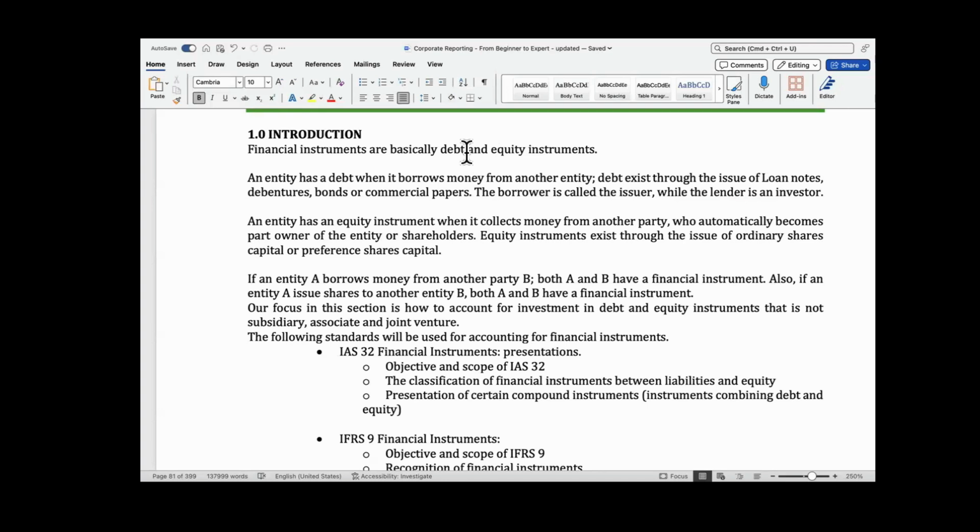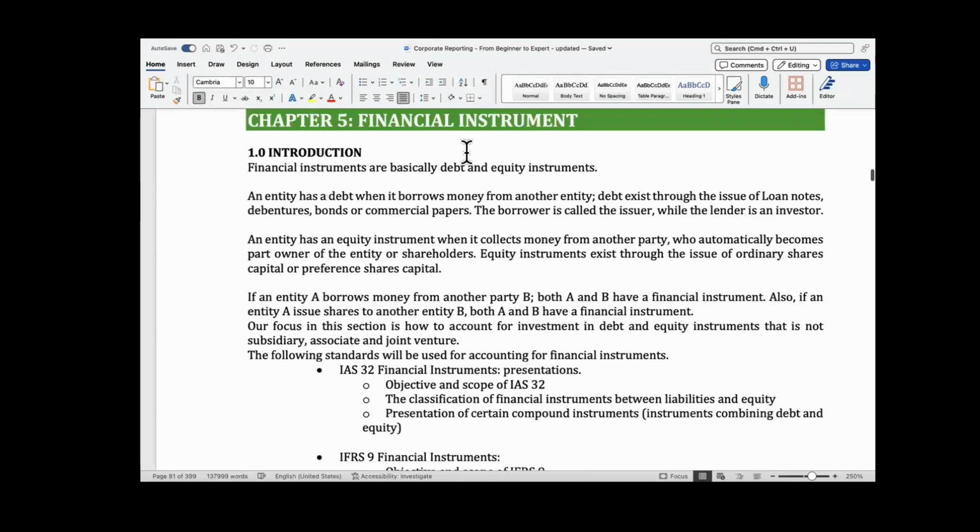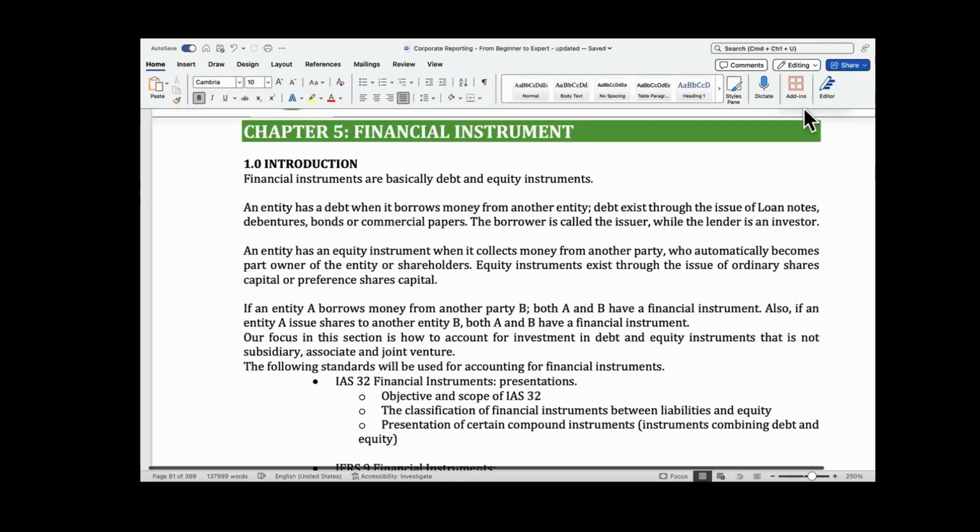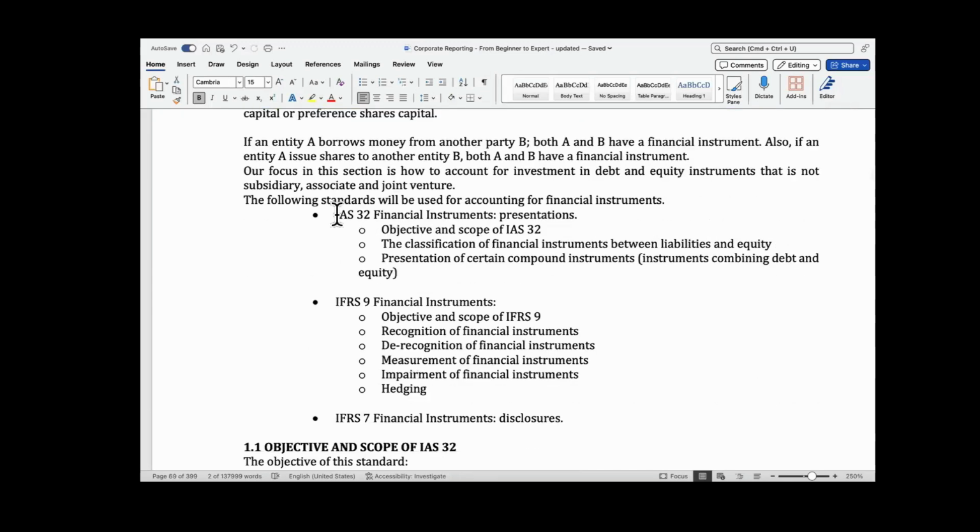So today we are going to move on from where we stopped last week on financial instruments. Last week we introduced financial instruments, and in learning financial instruments, I told you we're going to use IAS 32 on financial instrument presentation.